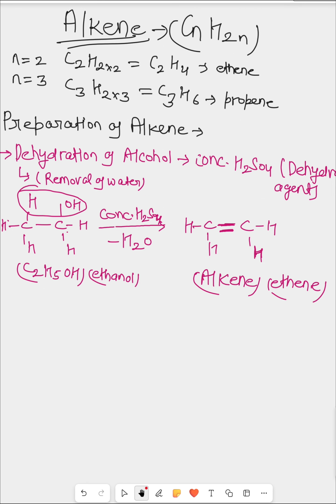The common name for this is ethene. Here you made ethene from ethanol in the presence of concentrated H2SO4, which is reacting as a dehydrating agent and is quite powerful.